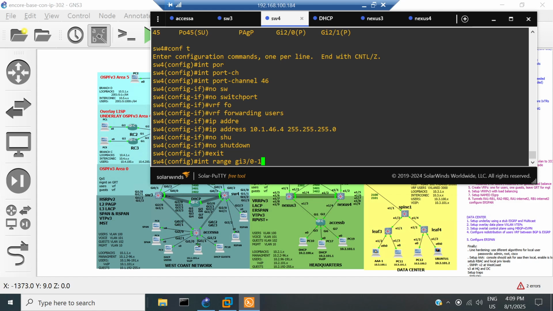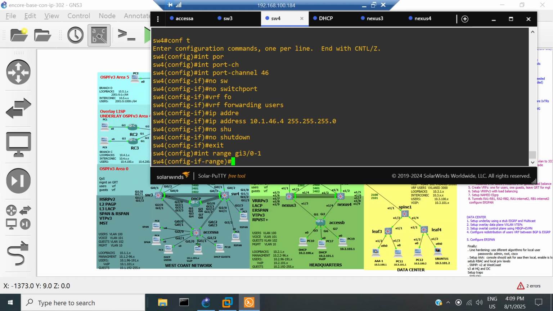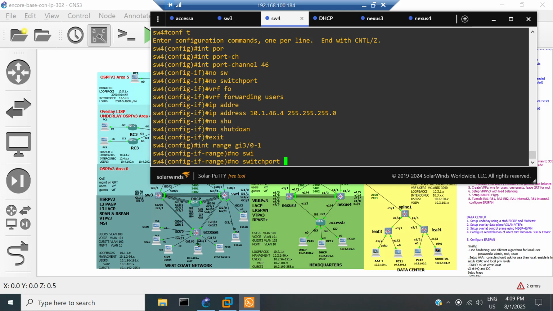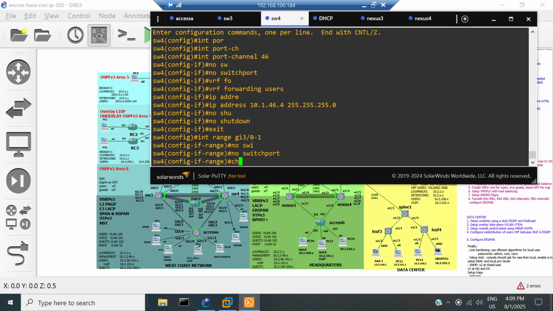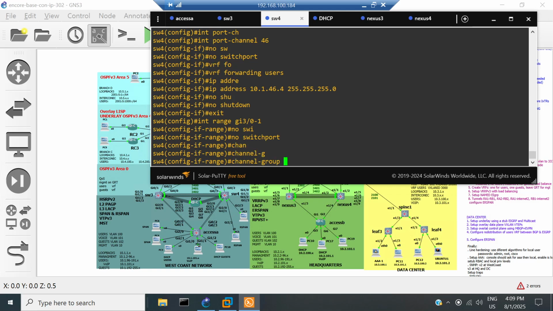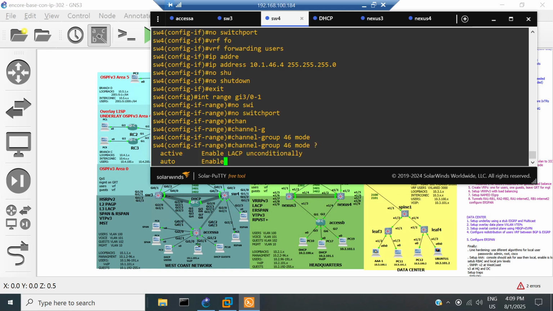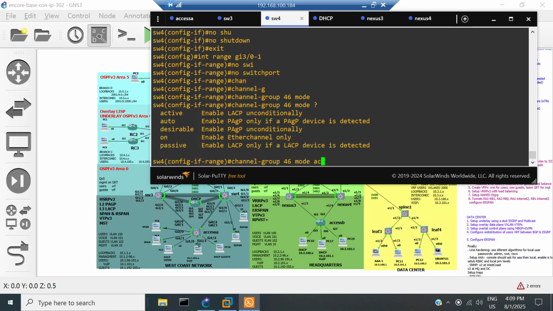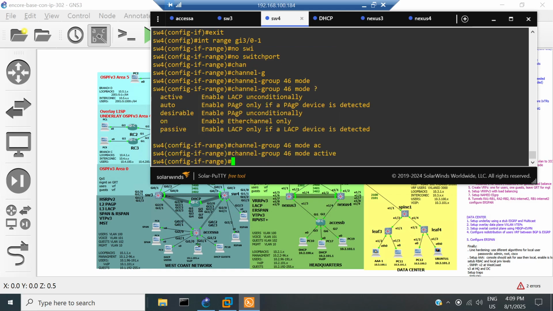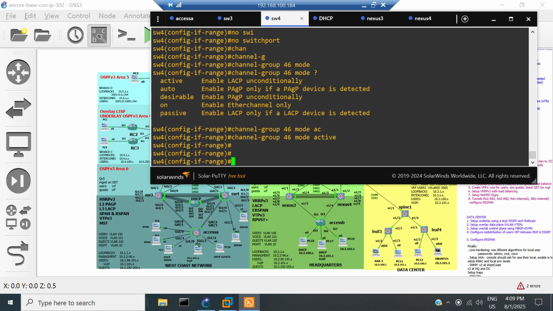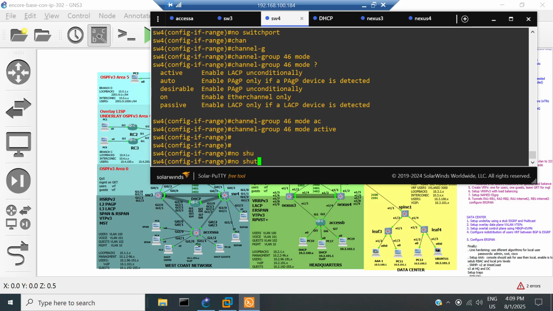How do I know that these are the correct interfaces? Because I am looking at this diagram, 30 and 31. No switchport to turn them into layer 3, and then channel group 46 mode active. Remember that active is for LACP. I could use passive as well, and no shut.